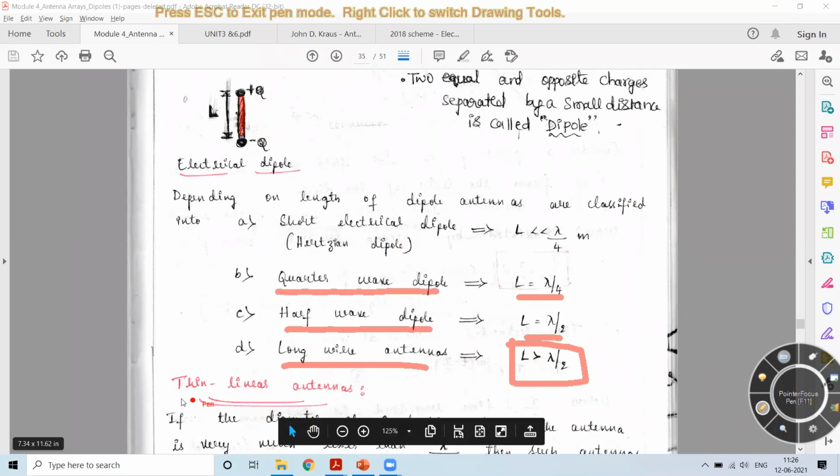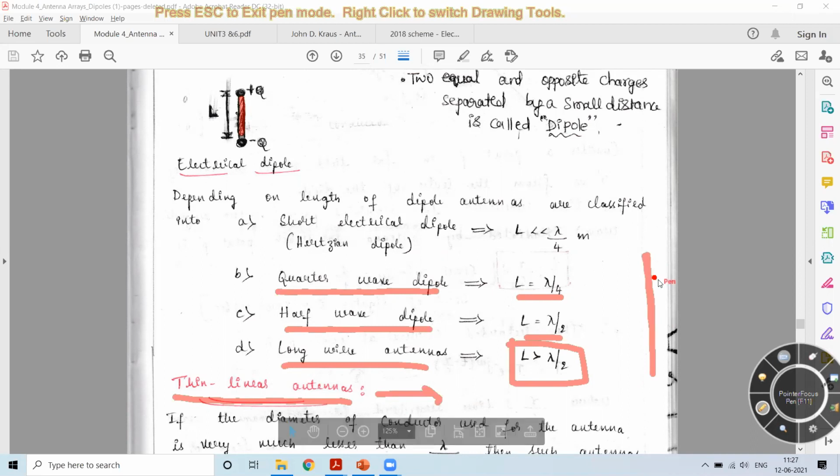Apart from that, we have another specification for thin linear antennas. Whenever you consider a wire structure, it will have a length, and it will have an associated diameter.